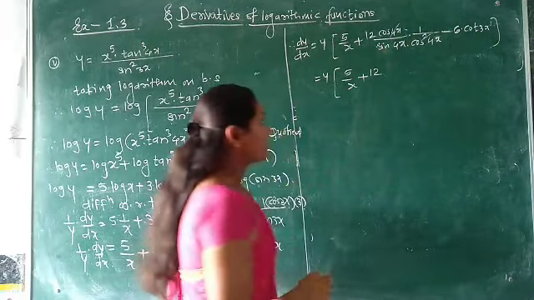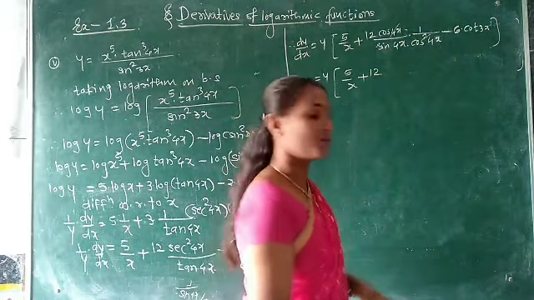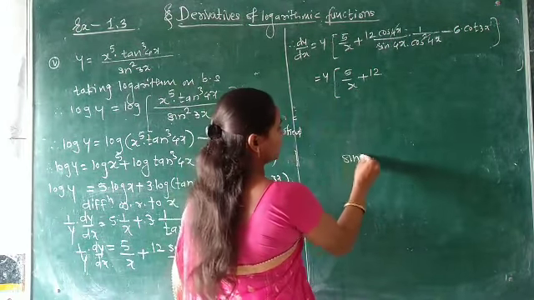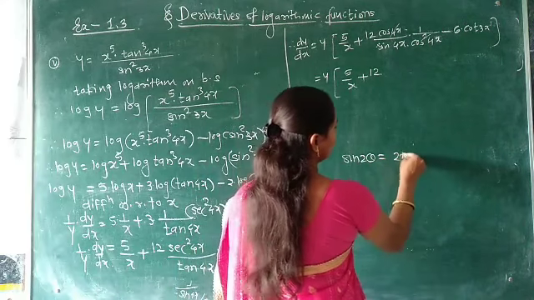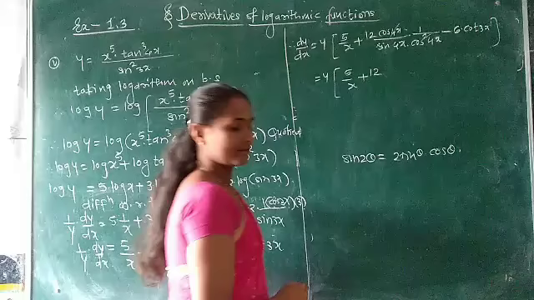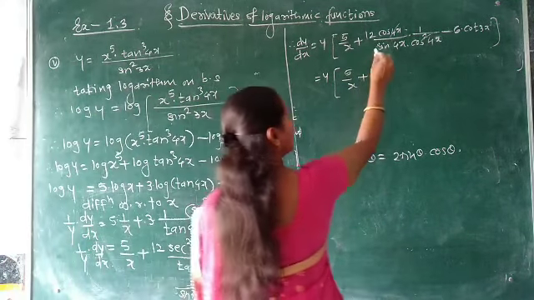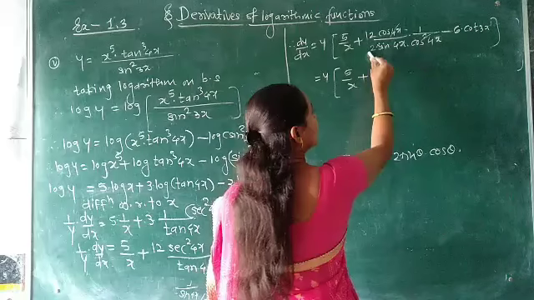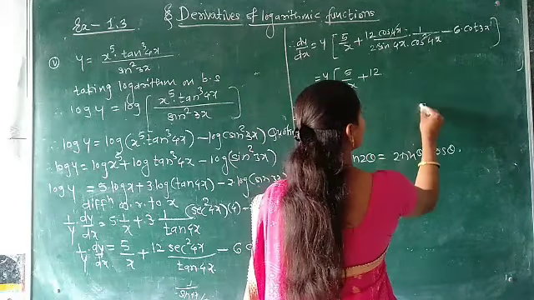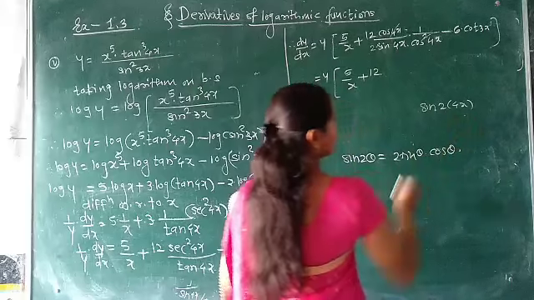Now look here, in the denominator there is sin 4x into cos 4x, and all of you know the formula: sin 2 theta is equal to 2 sin theta into cos theta. So if we take 2 here, then 2 sin theta into cos theta, we write as sin of 2 into 4x.